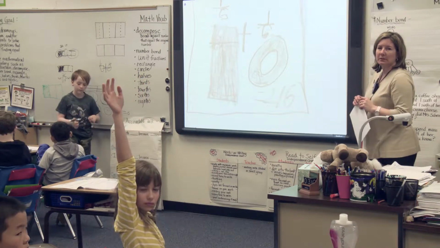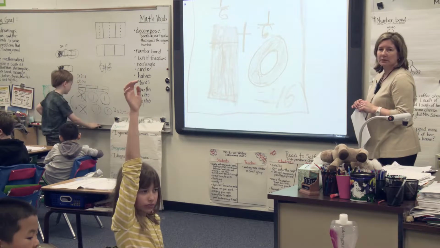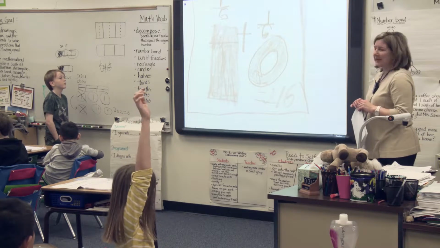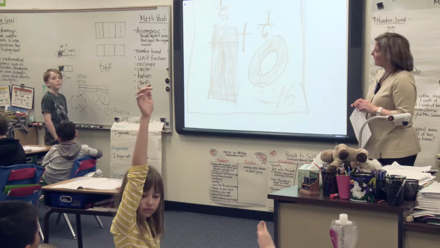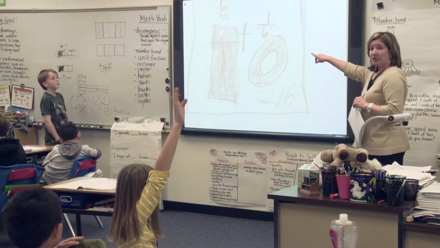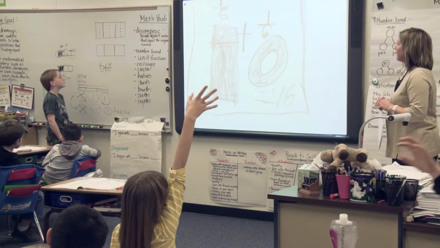Nick? For whoever did this, I'm wondering where the other 4/6 is. What do you mean? Because it looks like there's one half right there and one half right there. With the other picture, you mean? Yeah. Because I'm not sure where the other 4/6 is.